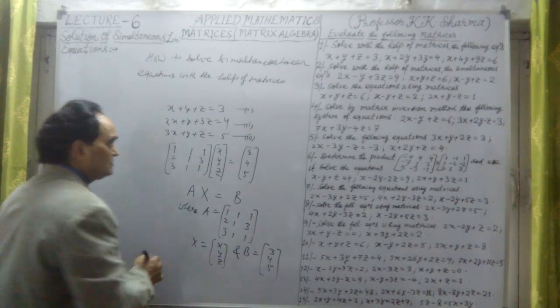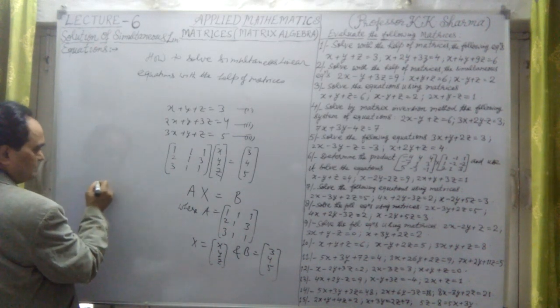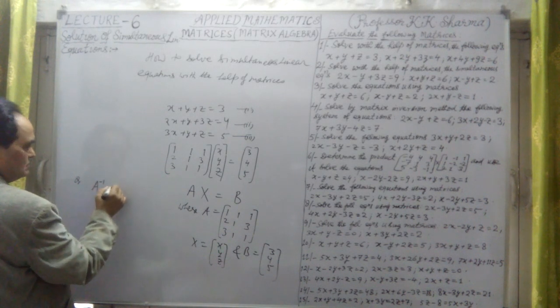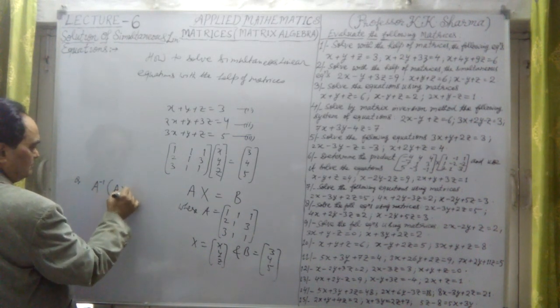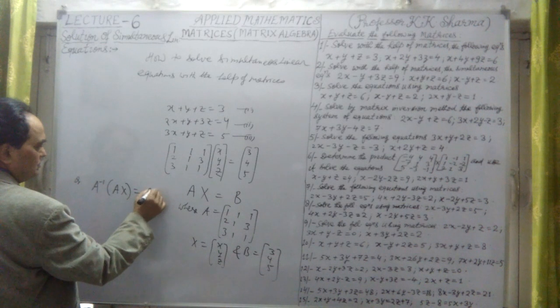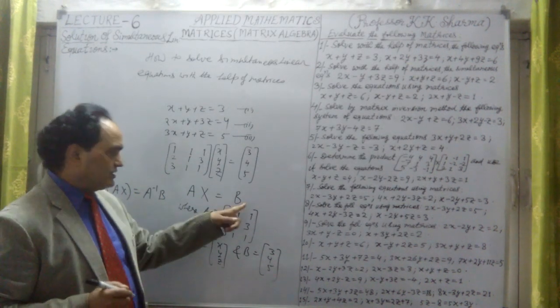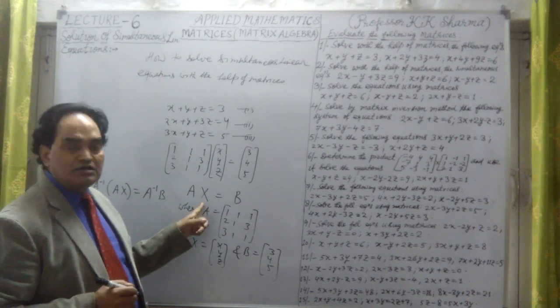AX equal to B. If I further solve it, let me multiply by A inverse: A inverse into AX equals A inverse into B. I multiply both the left hand side and right hand side of this equation by A inverse.